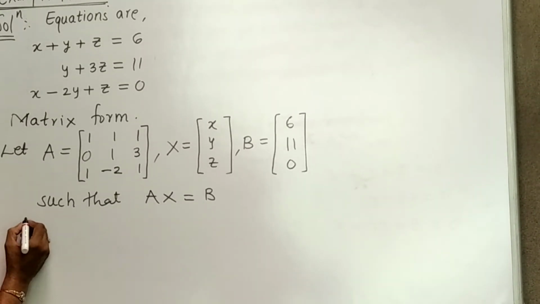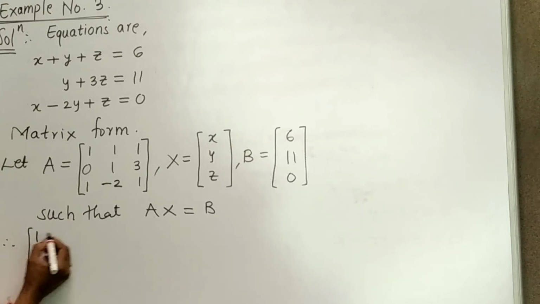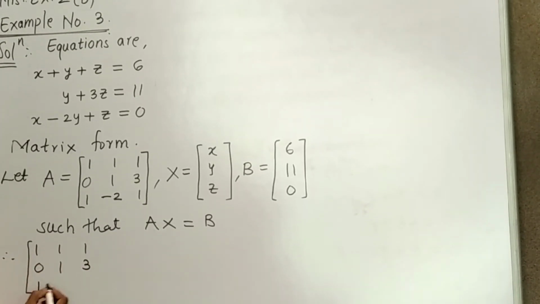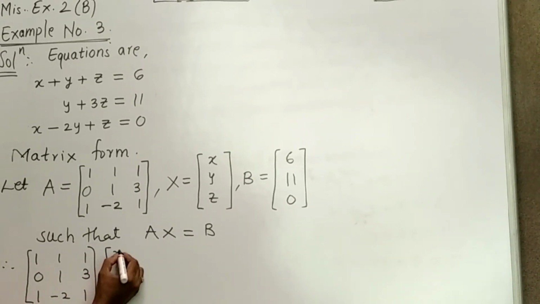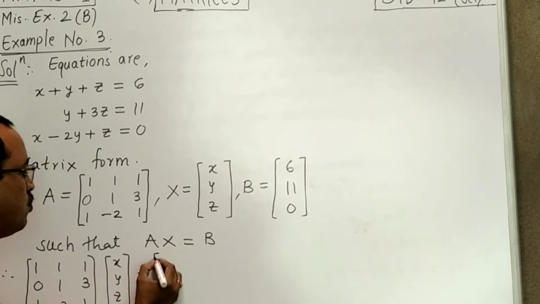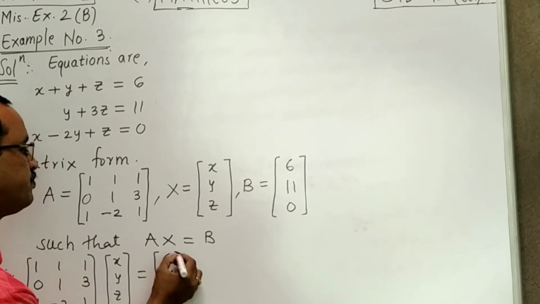So I substitute matrix A, 1, 1, 1, 0, 1, 3, 1, minus 2, 1, into X, the matrix x, y, z, which is equal to B, that is 6, 11, 0.